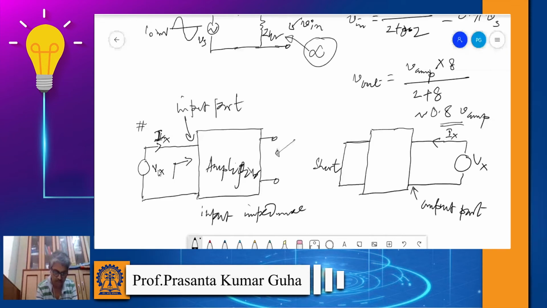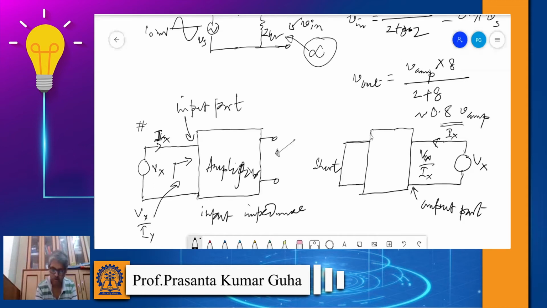So this Vx over Ix will give you input impedance. Similarly, when we try to find output impedance, we need to connect a test voltage source Vx at the output, and we find Vx over Ix, that is the current which is entering at the output.